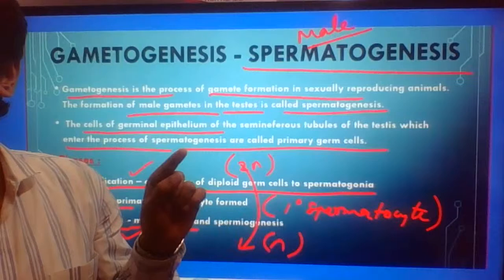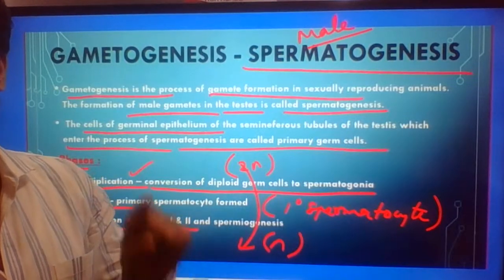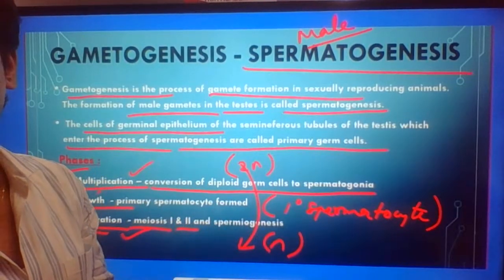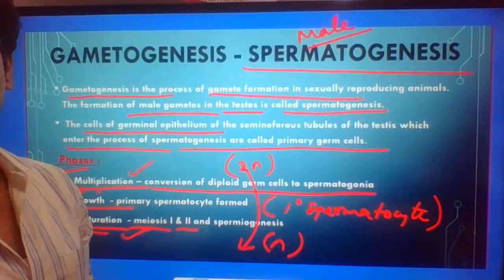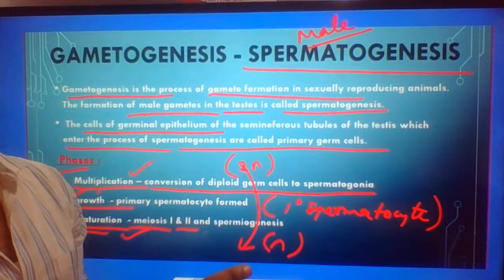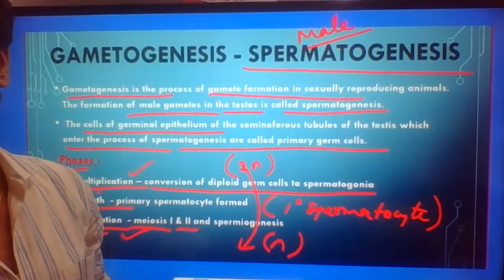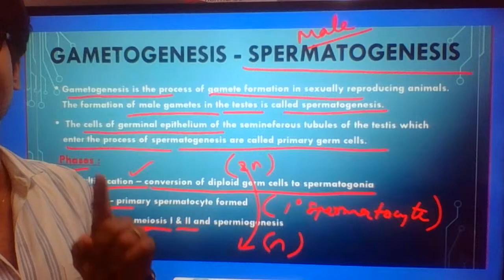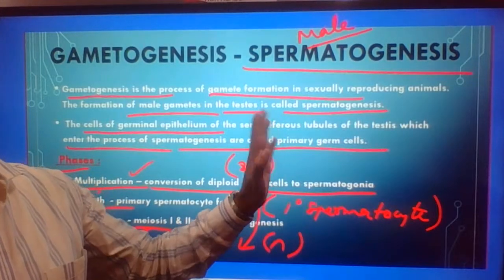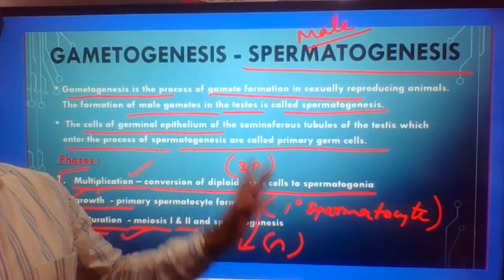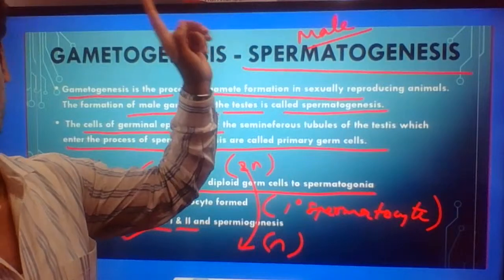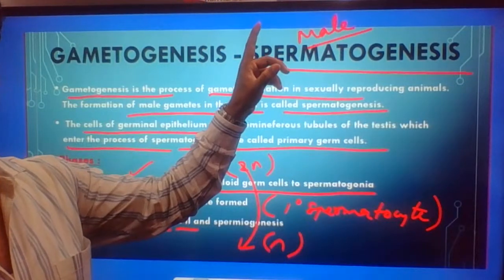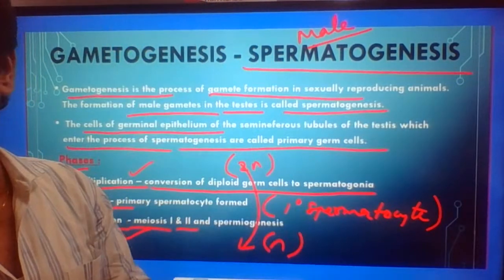But when does the oogenesis process complete? When a sperm comes, fuses with the egg, that is the point where the oogenesis process gets over. That is why I'm telling you oogenesis is a complex process, but spermatogenesis does not have such a complex mechanism. Oogenesis begins in the fetal stage, and it does not end during the menstrual cycle.